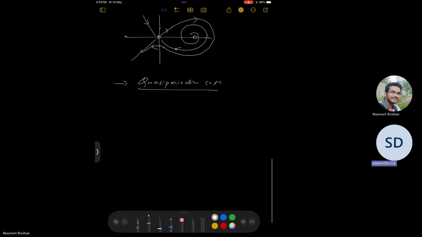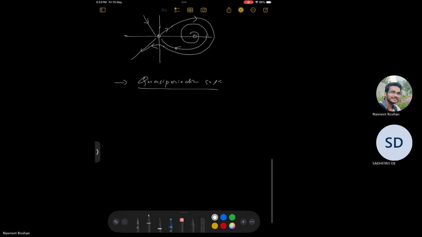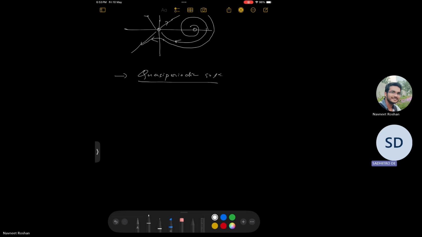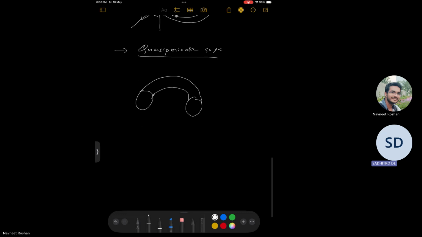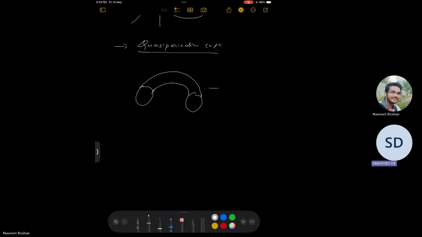And it can be best seen if you try to visualize a flow on a torus. So a torus is something which looks like this. So you have one over here, one over here. So this is an example of a torus, right? So in this situation, there are two angles.